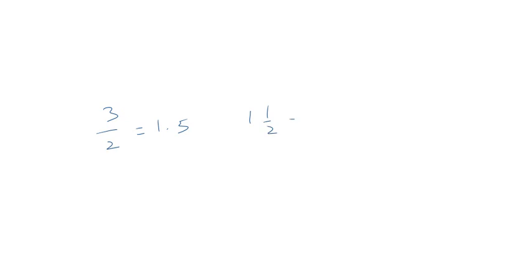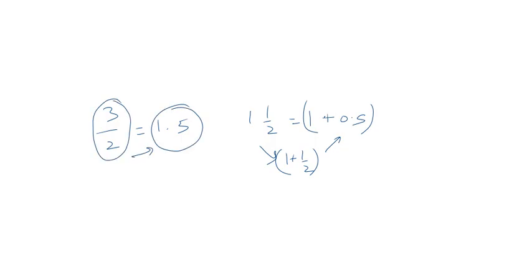1 by 2. 1 is 1. 1 by 2 is 0.5. This can be written as 1 plus half. Again, same thing. Part by part you go, or together you go, will result in the same thing. Total will be 1.5 because both are the same.